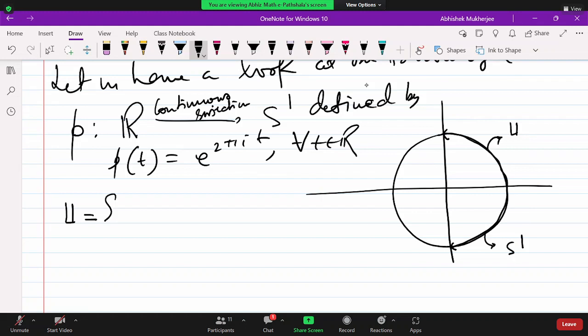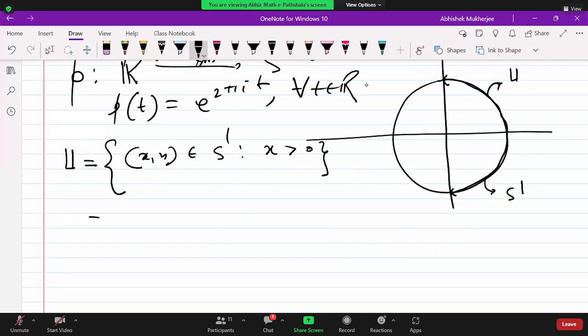U can be written down in this way, that this is nothing but the set of all those points in S1 having positive first coordinate, right?